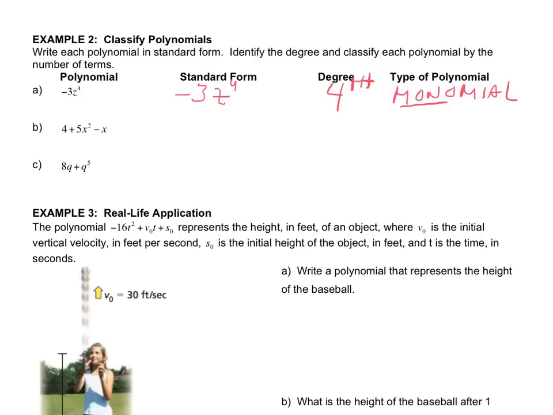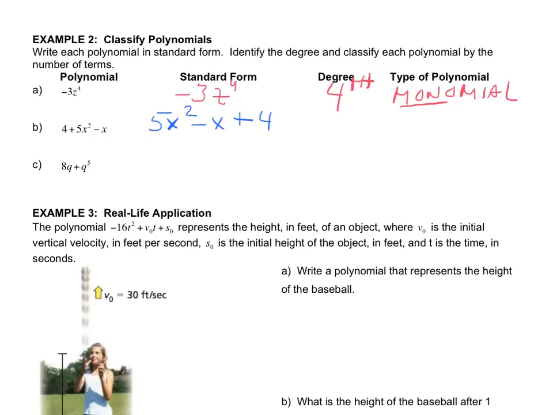Looking at letter B, we have three different terms there. First, to put it into standard form, I need to put the exponents in descending order. So 5x squared has to go first. Then I'm subtracting the x, and then I'm adding the 4. Remember, as you are rearranging any of these expressions, the sign in front of each term stays with it.